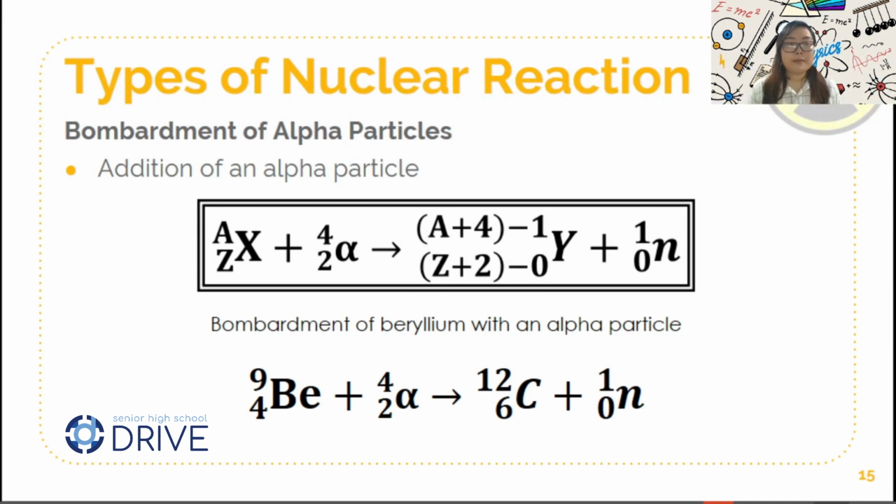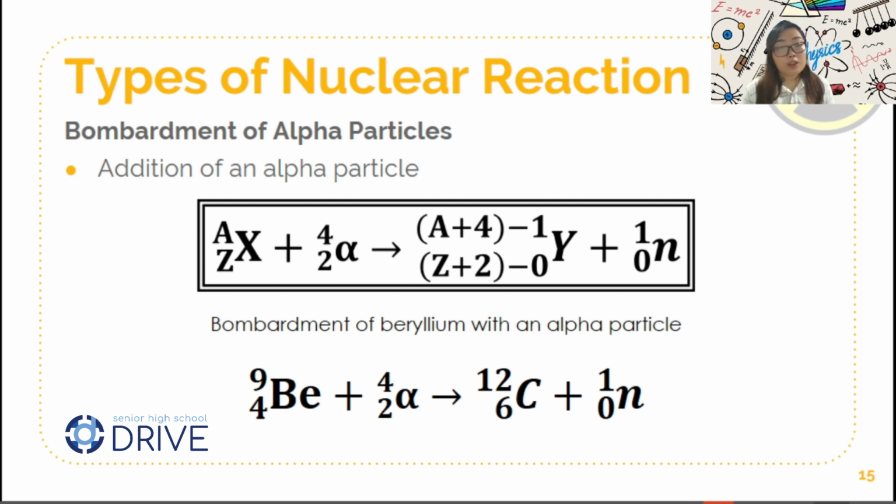Okay? And lastly, we have the bombardment of alpha particles. Now, in the bombardment of alpha particles, this is the opposite of alpha decay. This happens when an alpha particle enters the nucleus, okay, and gets absorbed, right? For example, we have the bombardment of beryllium with an alpha particle.